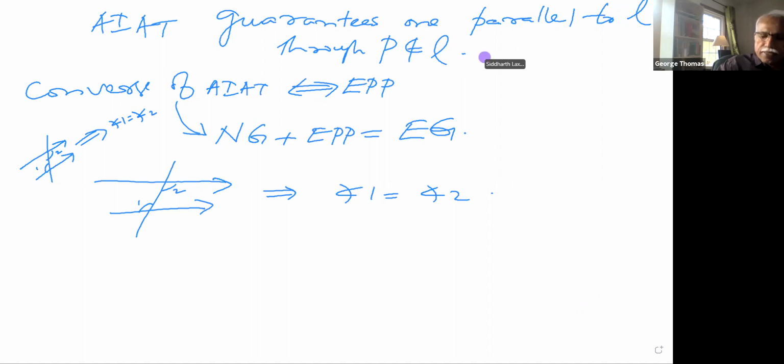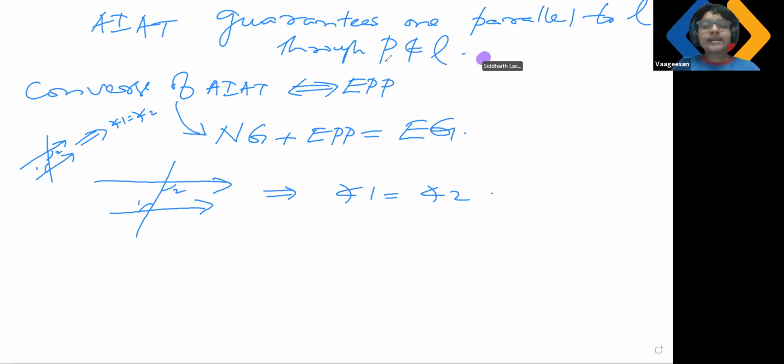Vagishan, yes. Speak. So if we are unable to distinguish AIAT and its converse, then it tells that we are unable to distinguish neutral geometry and Euclidean geometry, and that's very bad, right?